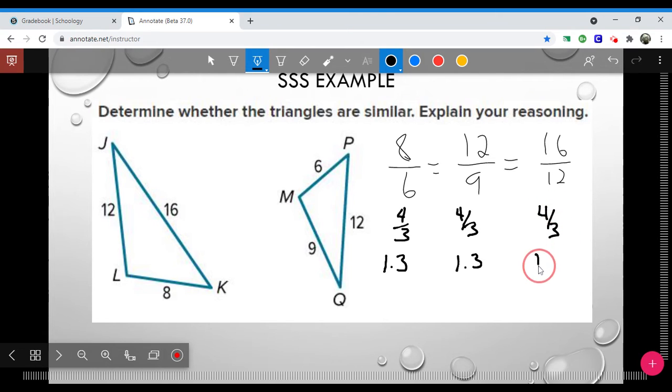So either way, you're showing that these sides are proportional. They all reduce to the same thing. And so then your final answer here would be yes, they are similar by side, side, side similarity.